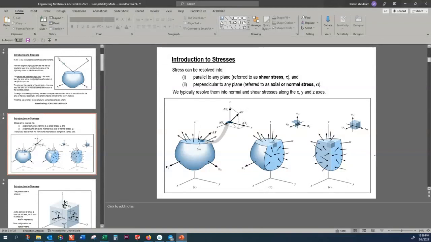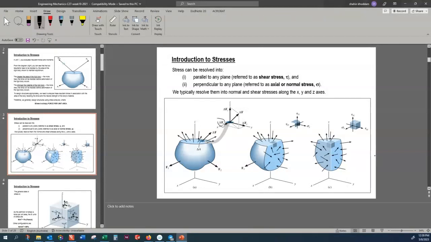Some of these forces are coplanar with their plane, like this one, Fx. So this Fx is coplanar with this area here. If the force and plane are coplanar, the stress is shearing stress. We show that by tau, that's a Greek letter. If the force is normal to the area, like this one, that is shown by sigma.